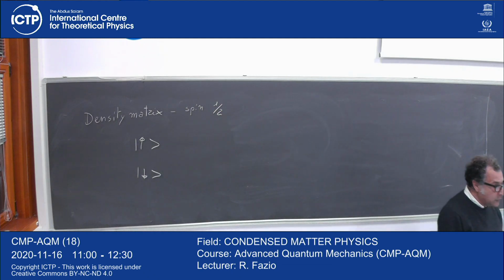So another question, do you know what the Pauli matrices are? Did you study angular momentum? Yes, we will study that. Sorry, do you know what the Pauli matrices are?